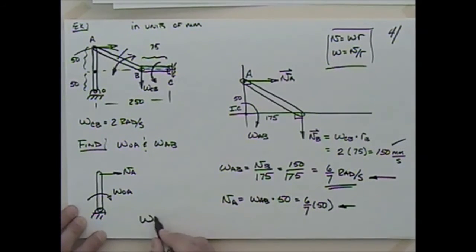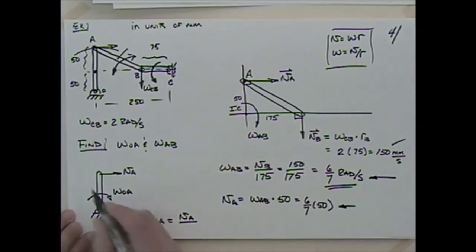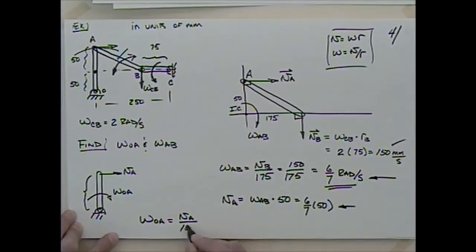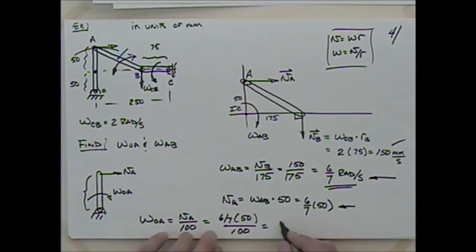So omega OA is going to be equal to the velocity at A divided by what distance? That total distance there, which is 100, right? So I'm going to take 6/7 times 50 divided by 100, which gives 6/7 over 2, which would be 3/7 radians per second.